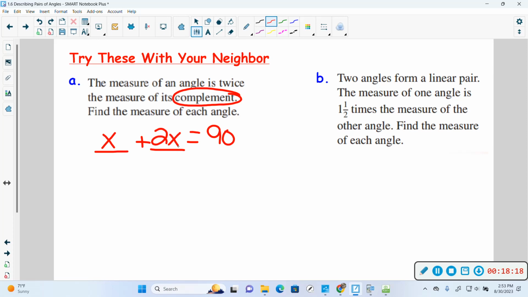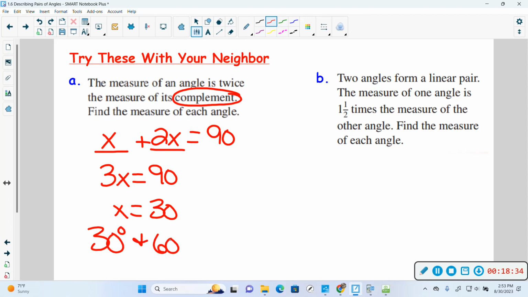X plus 2x, 3x. Probably you already have it solved. X is 30. So I need both angles. What's twice that amount, or double 30? 60. So 30 and 60, which of course totals to 90. All right, you try B. See what you can do.